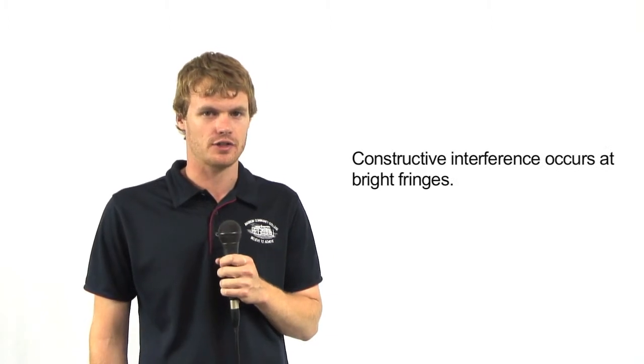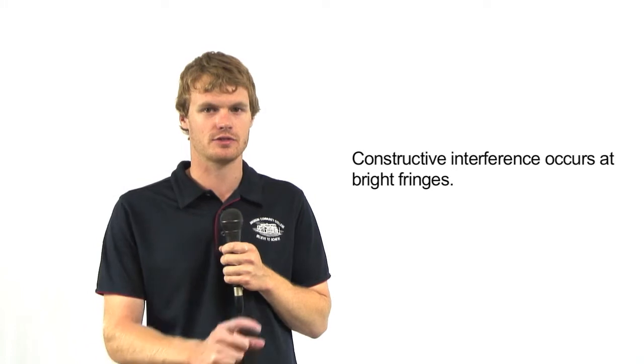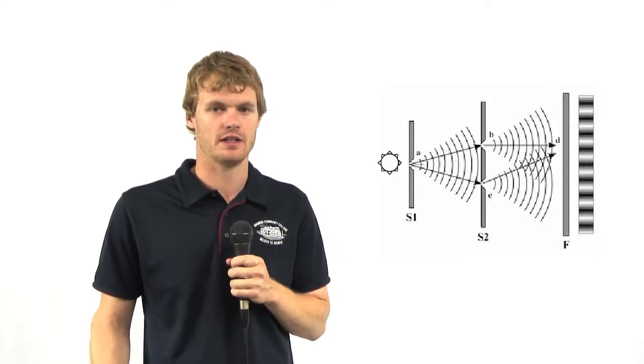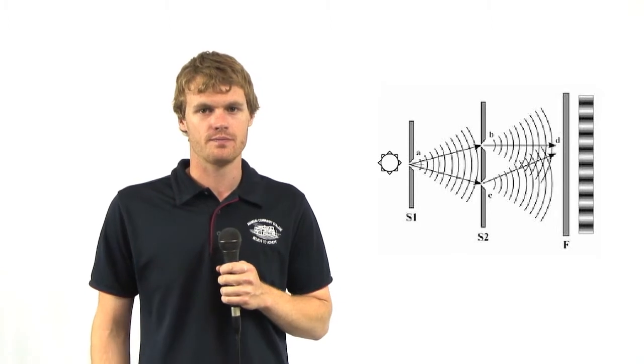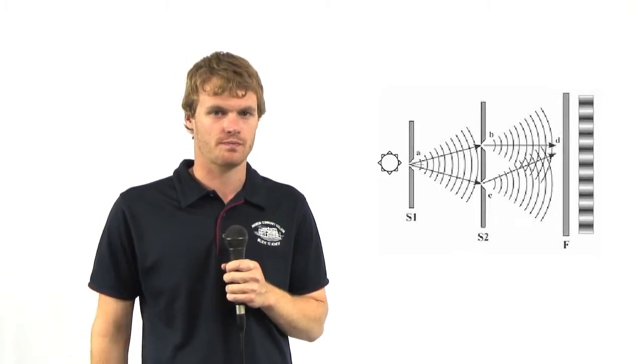Our bright fringes are where we have constructive interference. This is where the path difference between the two wave sources from the two slits, as they hit the screen, is within m lambda, a whole number of wavelengths.